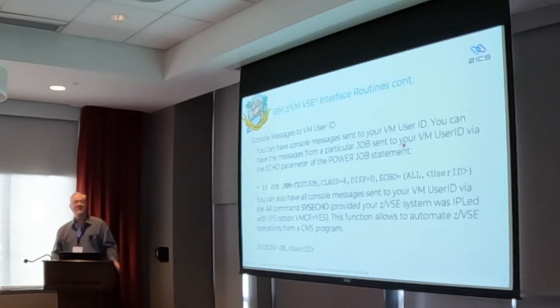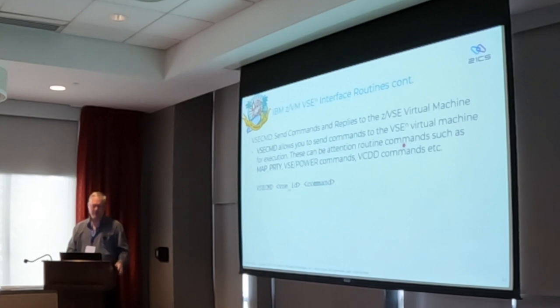I guess you use that mostly if you want to do POWER accounting. I was looking for a way to get the messages sent to my VM user ID without using POWER job control, and you can just use the SYSECHO command and it will send everything to your VM.